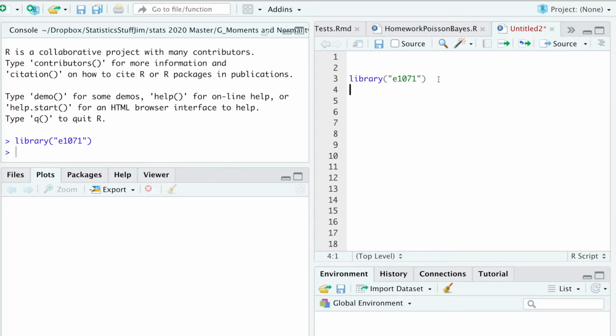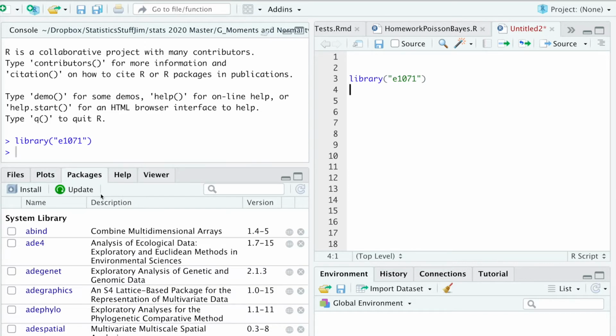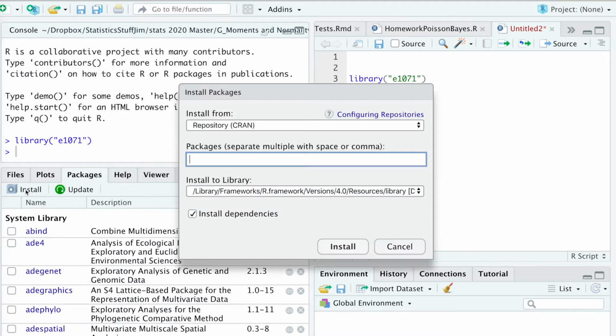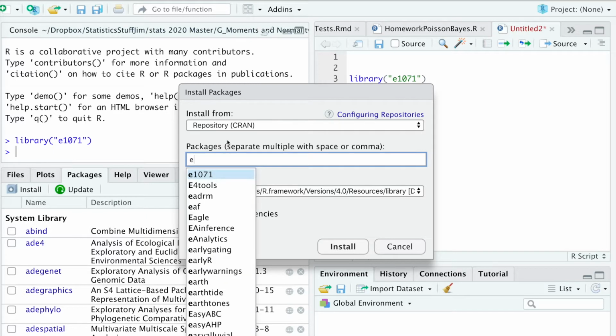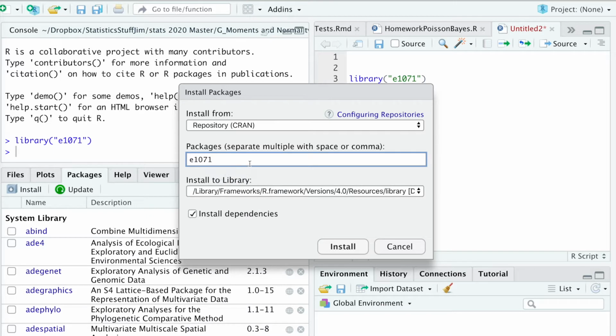So how you would install this is if you go to packages down here and then you say install, it might ask you for what repository to use, and I always just use the cloud one, the top one. But what you would do is you would type in the package that you want. So for example, I could type in e1071, and then all I have to do is say install, and it'll be put into the appropriate path, so that way in the future all you have to do is type library e1071, and then those functions will be in your workspace.